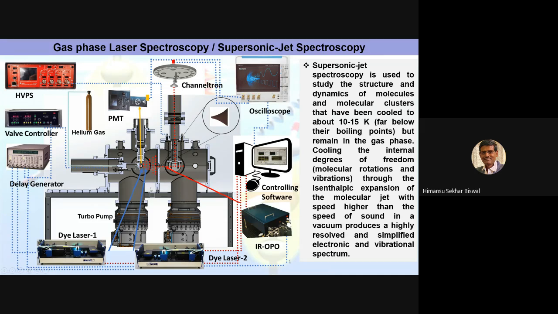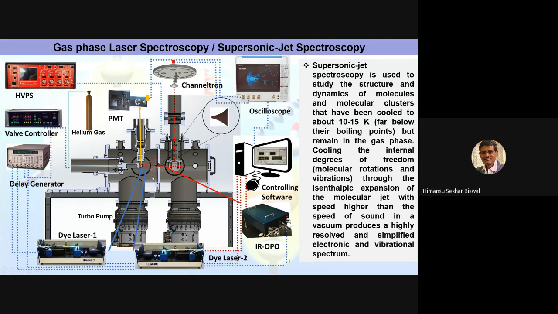Because the jet expands so quickly and so rapidly, all of the energy of the molecule is transferred to the helium, or goes into translational energy. You get vibrational and rotational cooling of the molecules. Here we can achieve cooling to about 10 Kelvin without using a cryostat, just by doing the expansion.